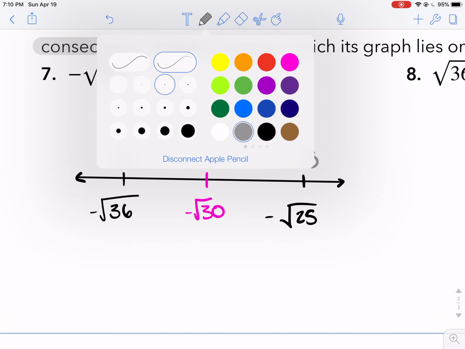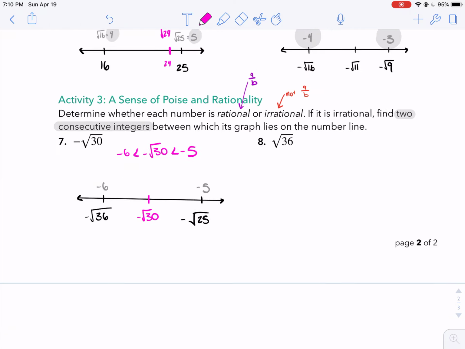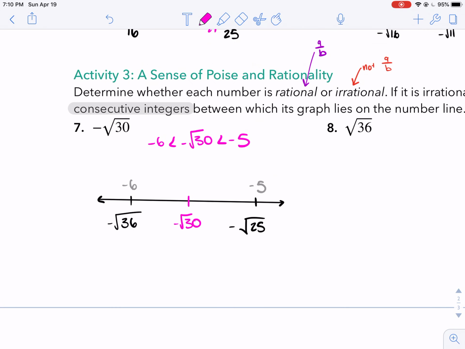So we can write that as the negative square root of 30 is between negative 6 and negative 5. Oh, we didn't mark it as irrational. It is irrational. It's irrational because it doesn't come out to an integer.